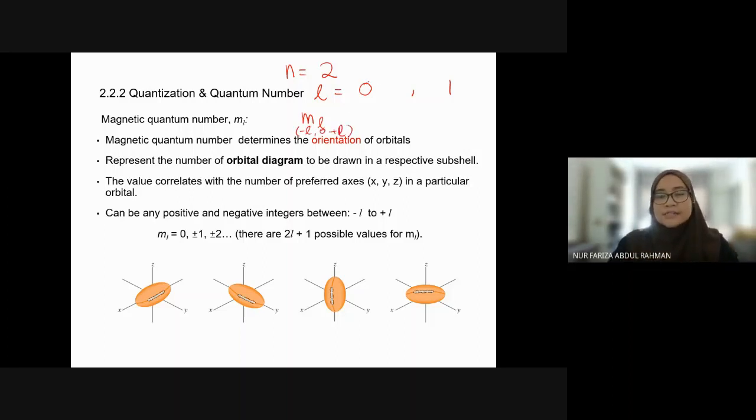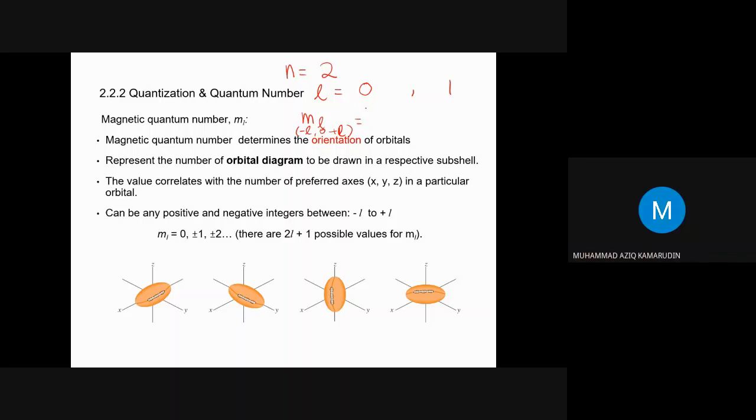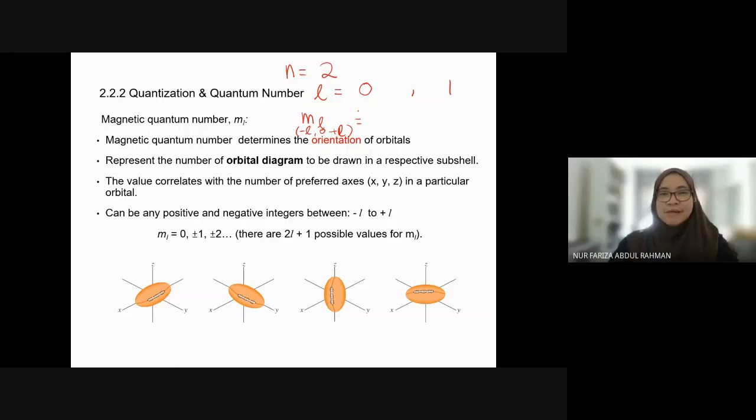So let's have ML for 0 first. Guys, what would be the ML for 0? Negative 1, 0, 1? It depends on the L, right?